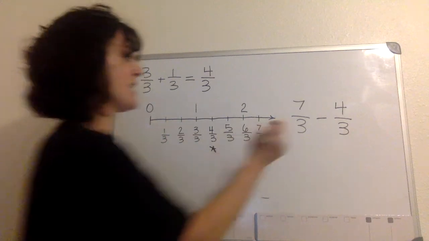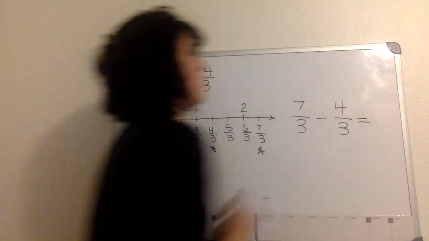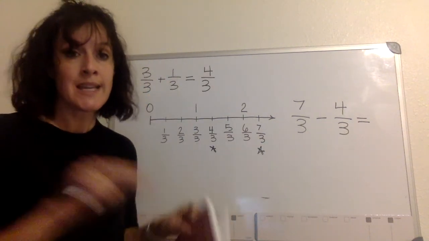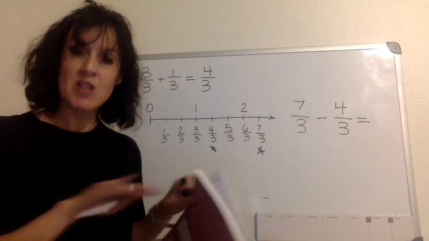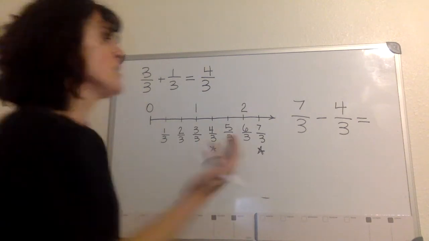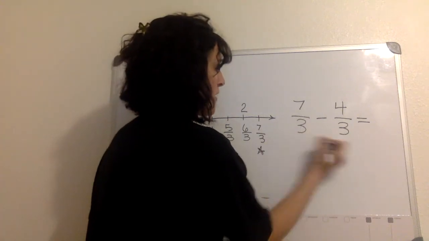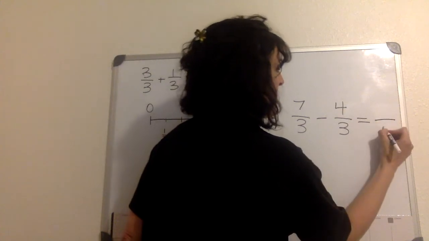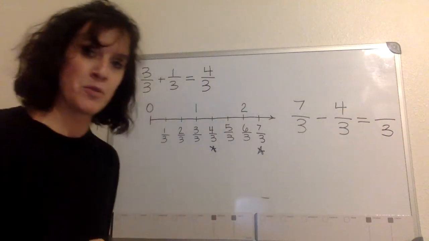Let's look at this. We can subtract fractions with like denominators. That means the denominators are the same. We can subtract them just as easily as we can add them. So all we do is we look at the 3. Aha, they're both the same. That is going to be in my denominator, number 3.